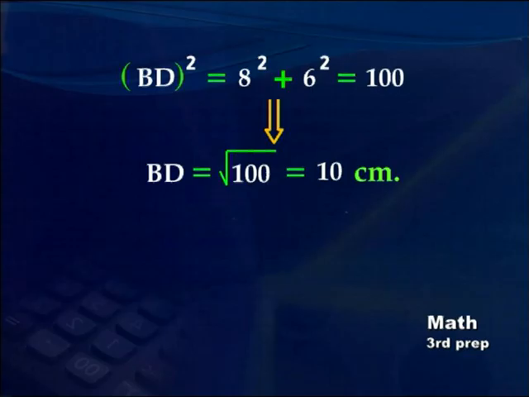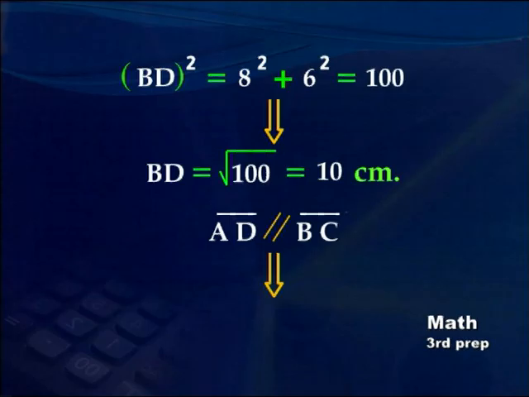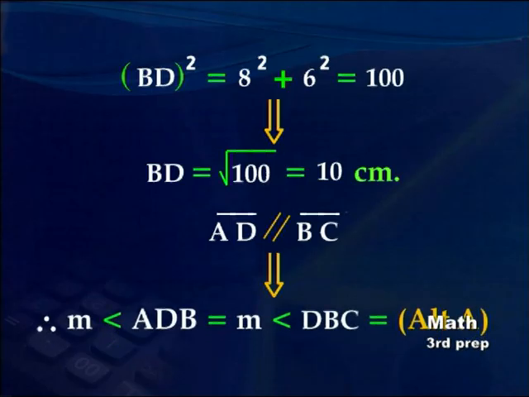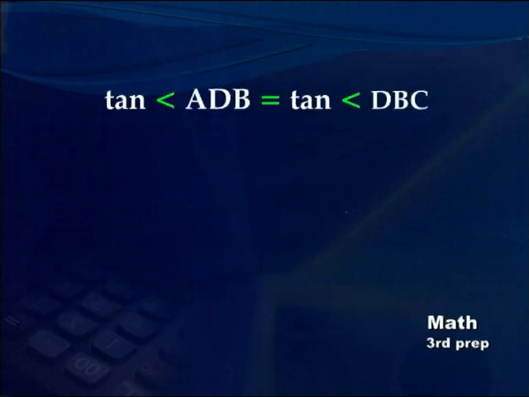equals 10 centimeters. Then as AD is parallel to BC, you are going to notice that measure angle ADB equals measure angle DBC as they are alternate angles. As the two angles are equal, then tan angle ADB equals tan angle DBC. Try to find tan angle ADB and tan angle DBC.